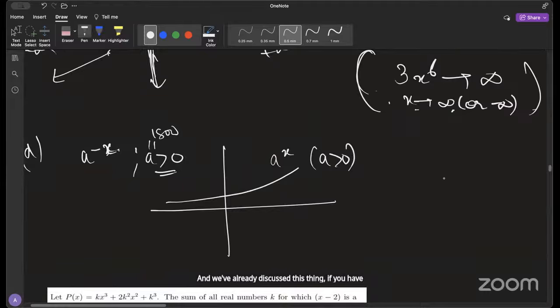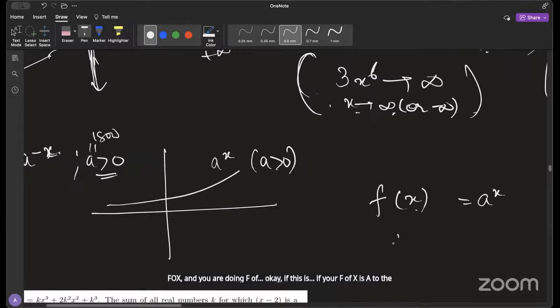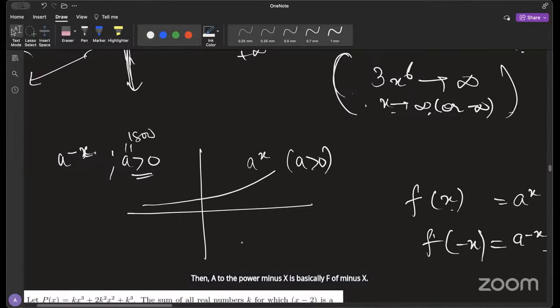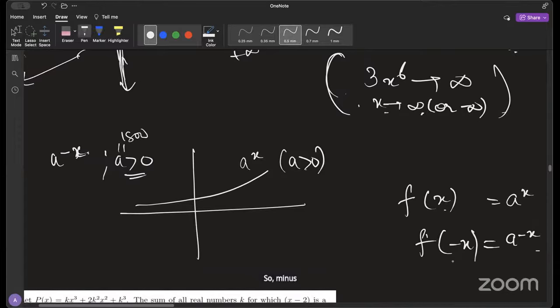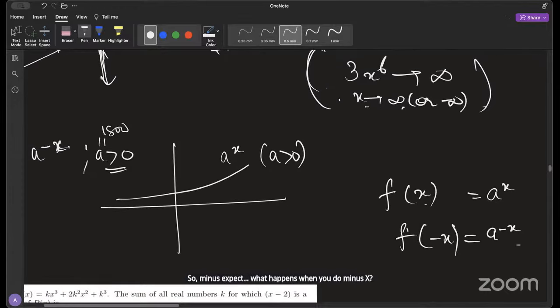If your f of x is a to the power x, then a to the power minus x is basically f of minus x, right? Yes, ma'am. So what happens when you do minus x? We discussed this. Your x coordinate remains as it is, and the y coordinate becomes negative.